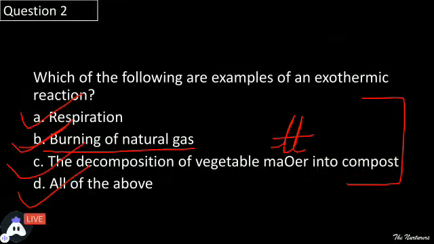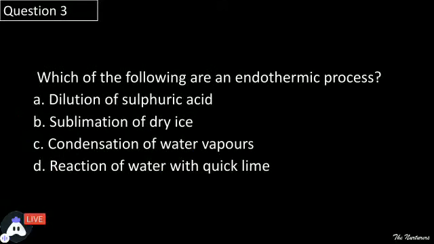Moving ahead to the next question, which of the following are an endothermic process? Now you just need to think the opposite of it. Which of the following is an example of endothermic process?